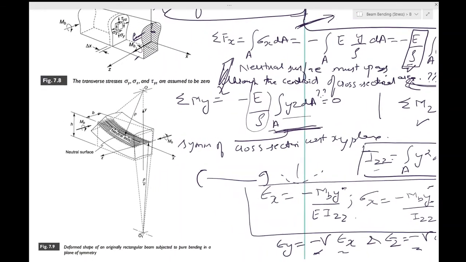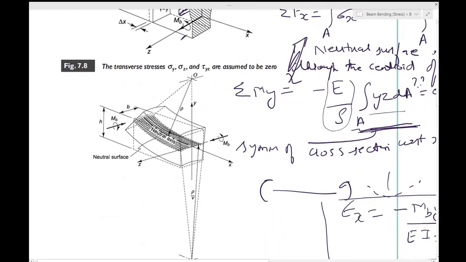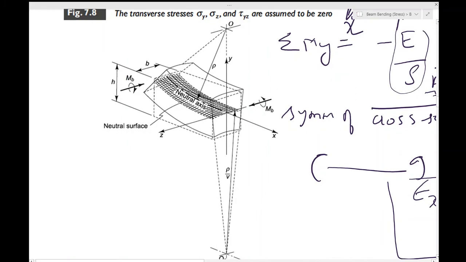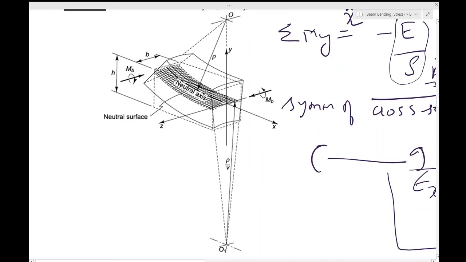So let's look at this figure. Let me zoom it in a little bit. So we take a rectangular beam now, because this will already be a complicated geometry. So just to make it slightly simple, we'll do this.